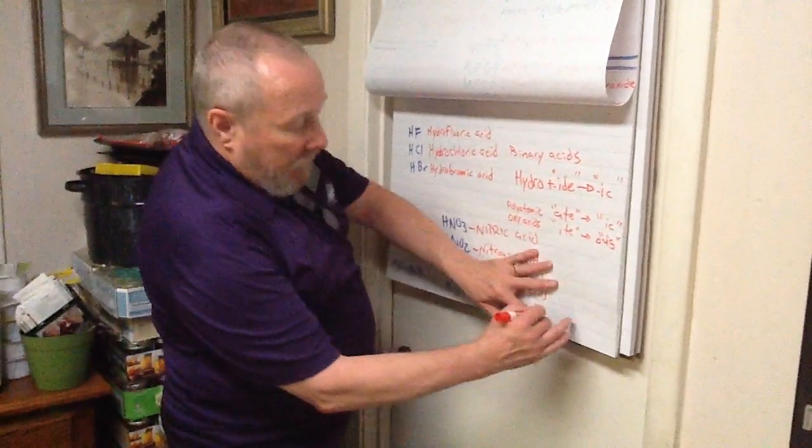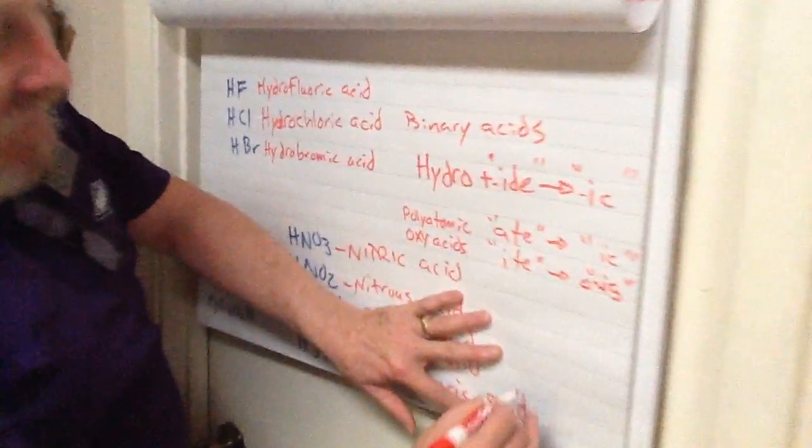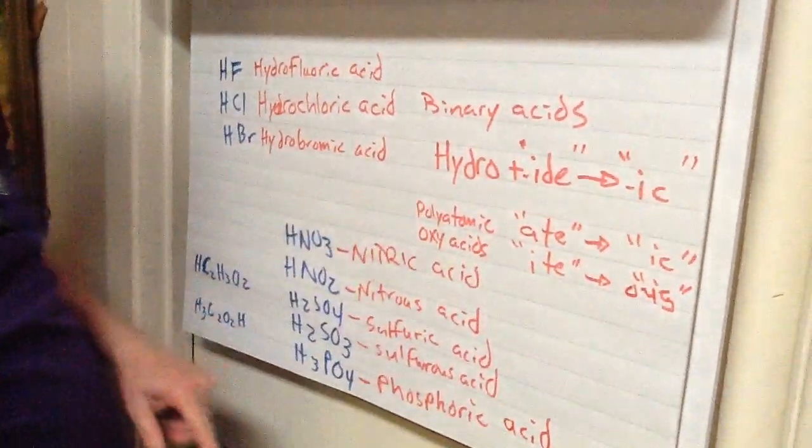So phosphoric acid, the phosphate becomes the ic acid again.